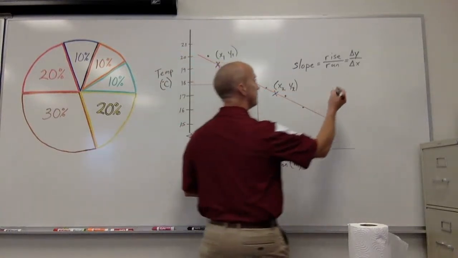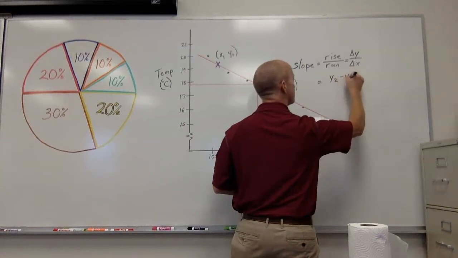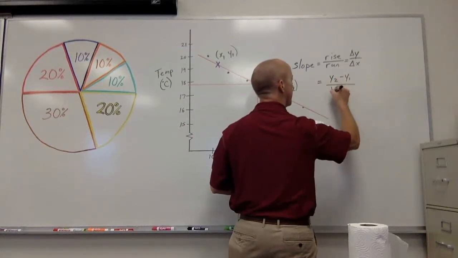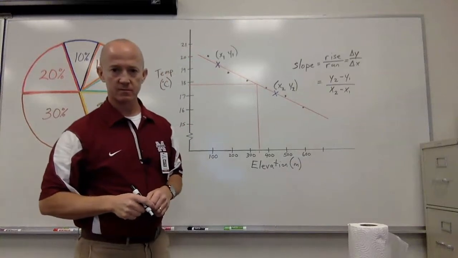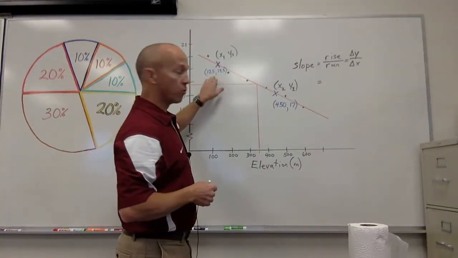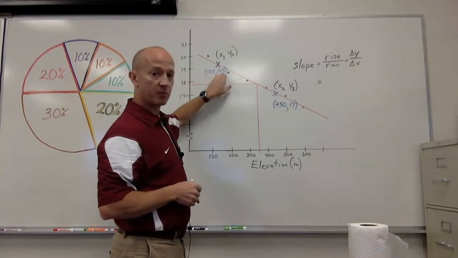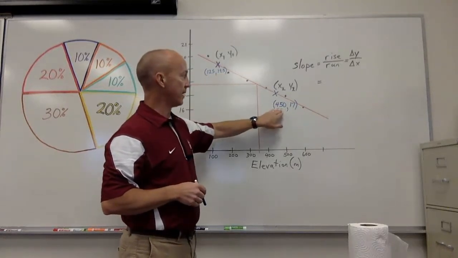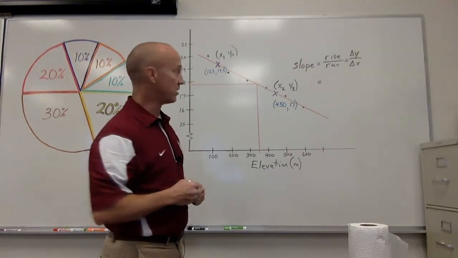To find the slope, I take the difference in the y values and I divide it by the difference in the x values. Just for the sake of showing you how this works, I've labeled these points with their x and y coordinates. This one is 125 for my x and 19.3 for my y. This one is 450 for my x and 17 for my y. And I simply plug them into my equation.